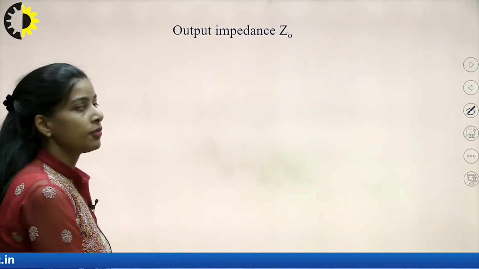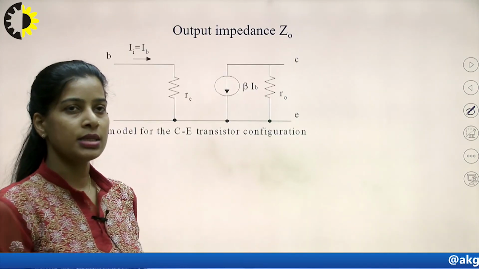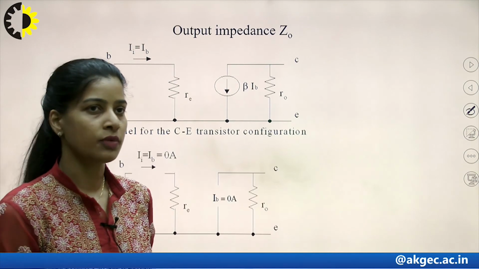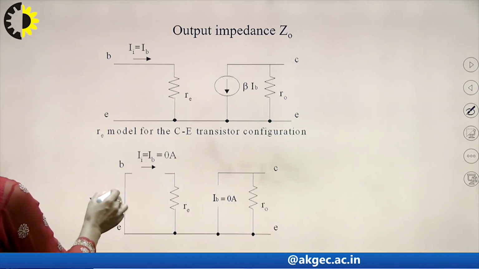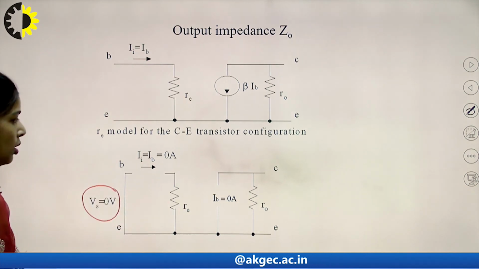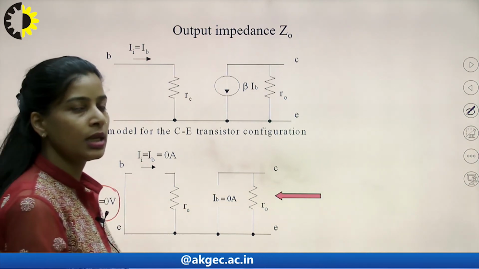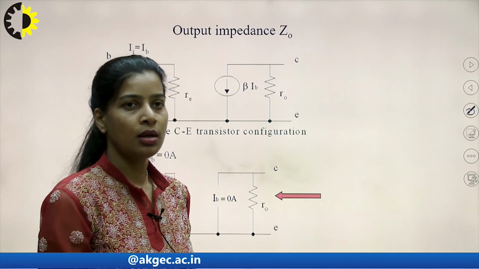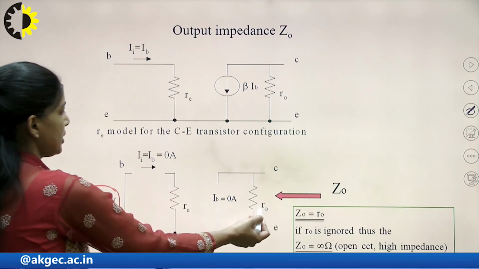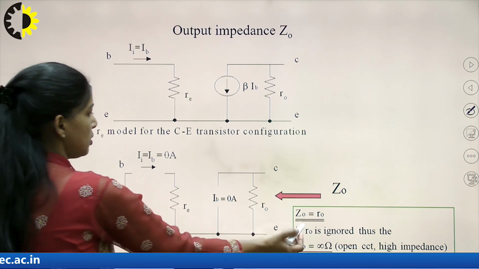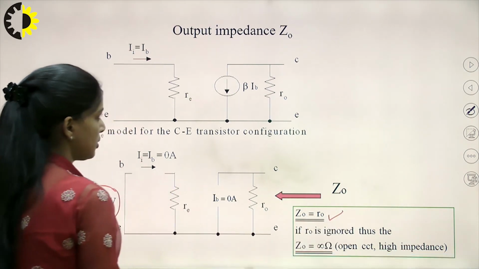So in this we need to find the output impedance. What will be the output impedance of this circuit? As we have calculated for previous circuits, the input source will be set to 0 and we will see the impedance from the output node, that is Z0, and here that Z0 is equal to R0.